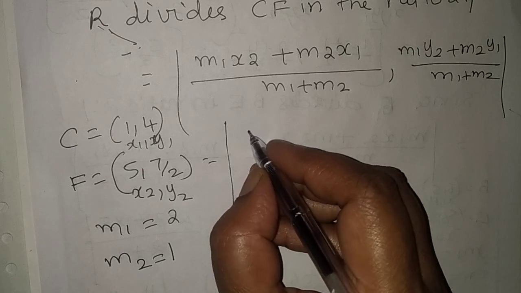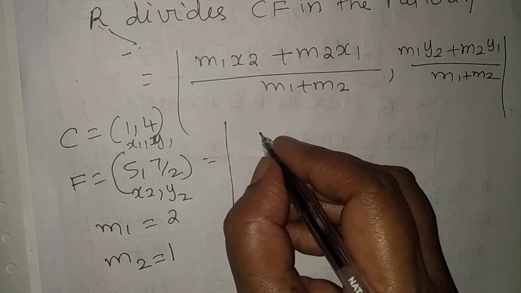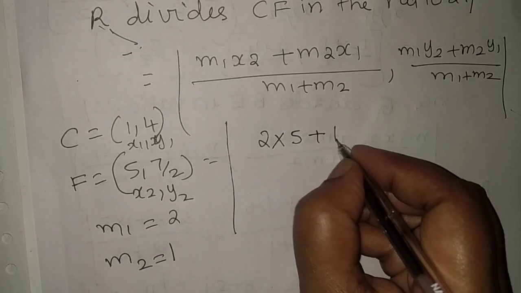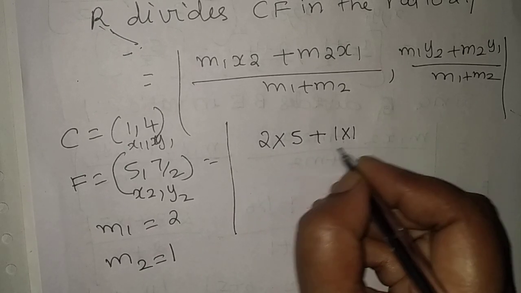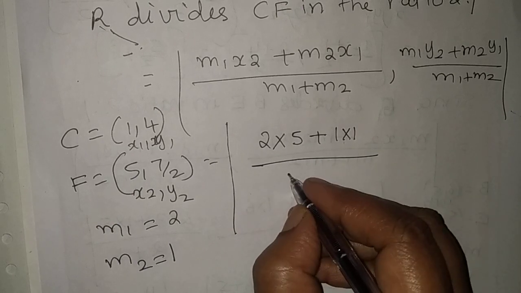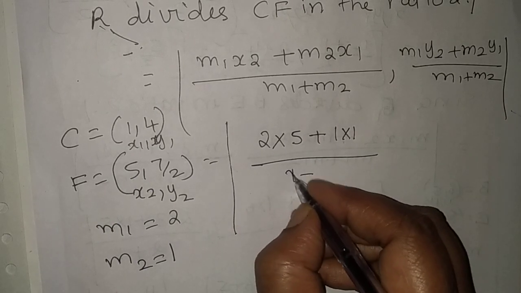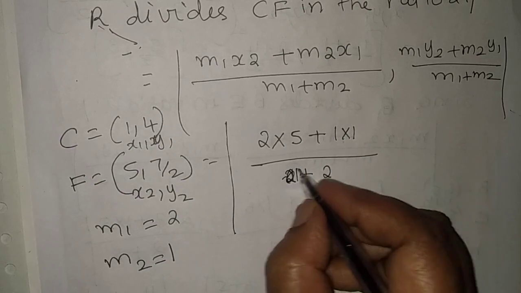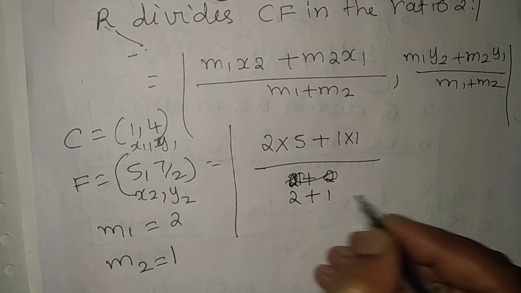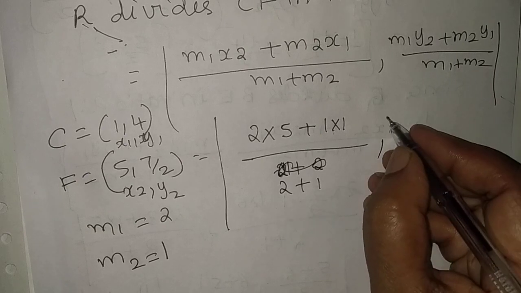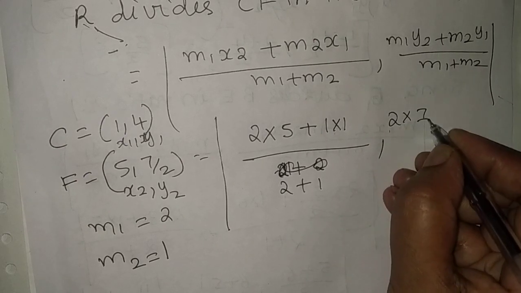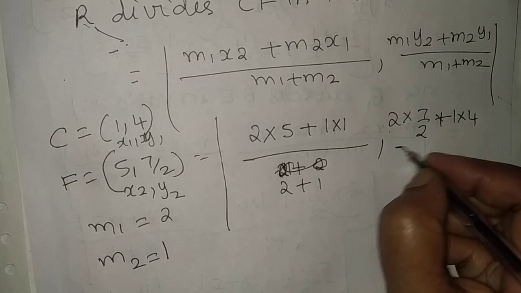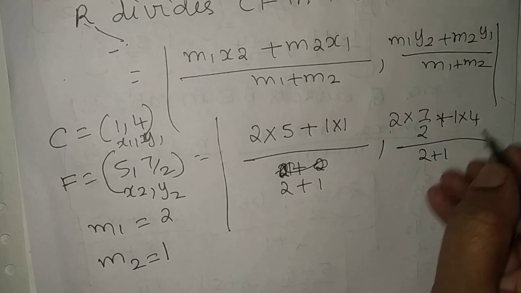So next, substitute: m1 is 2 into 5 plus 1 into 1, over 2 plus 1. Then 2 into 7 by 2 plus 1 into 4, over 2 plus 1.